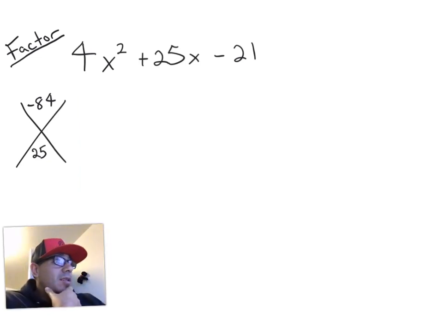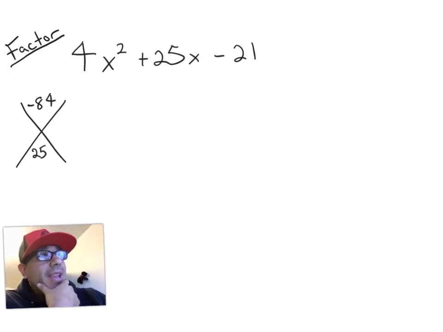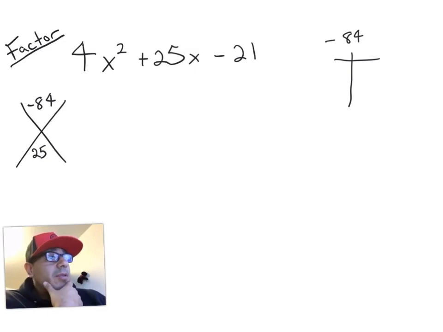So what I suggest to all my students is we take that negative 84 and we just start dividing it. So give me 2 numbers that multiply to give me 84. And of course, we'll start with 84 and 1. And don't put signs on it yet.